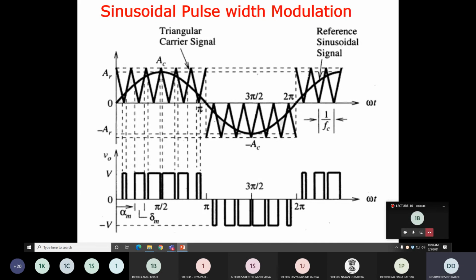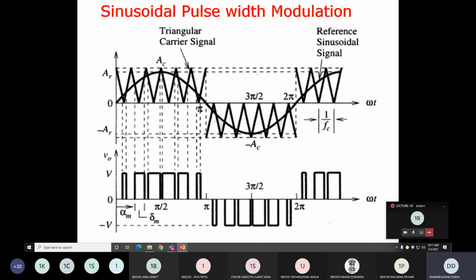That method is best suited for the inverter. So in sinusoidal pulse width modulation, you get fewer harmonics as well as a more efficient inverter. And due to that reason, we generally prefer this sinusoidal pulse width modulation technique. All of you understand this technique and logic?